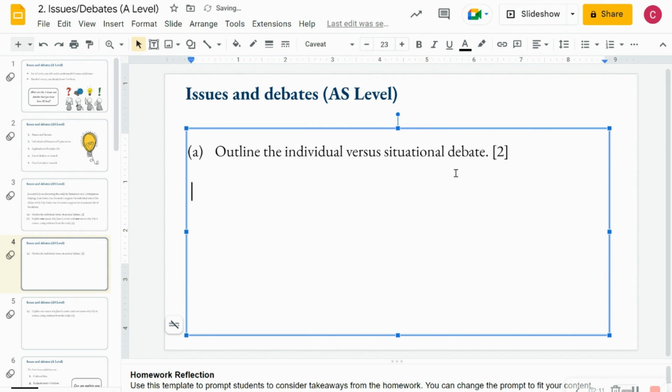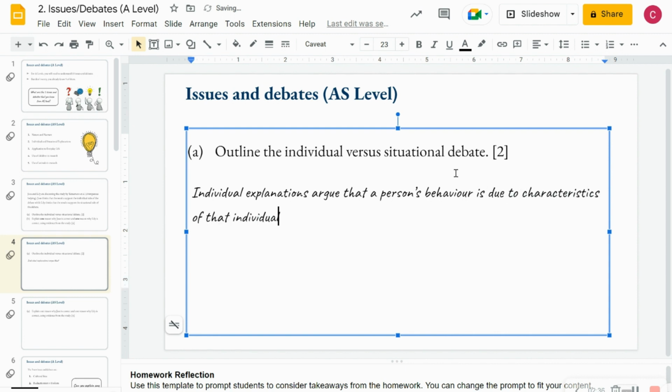Basically, it's going to be 1 mark for individual, 1 mark for situational. So something along the lines of: individual explanations argue that a person's behavior is due to characteristics of that individual person.